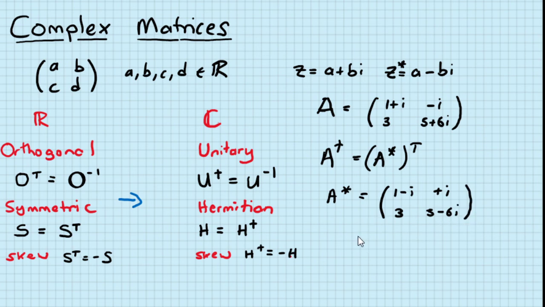That's the conjugate. And then the dagger, finally, would be to take the transpose of this matrix. So that will become 1 minus i, 3, 5 minus 6i. That's how that works. These concepts and this terminology will be useful to us in the next couple of videos.